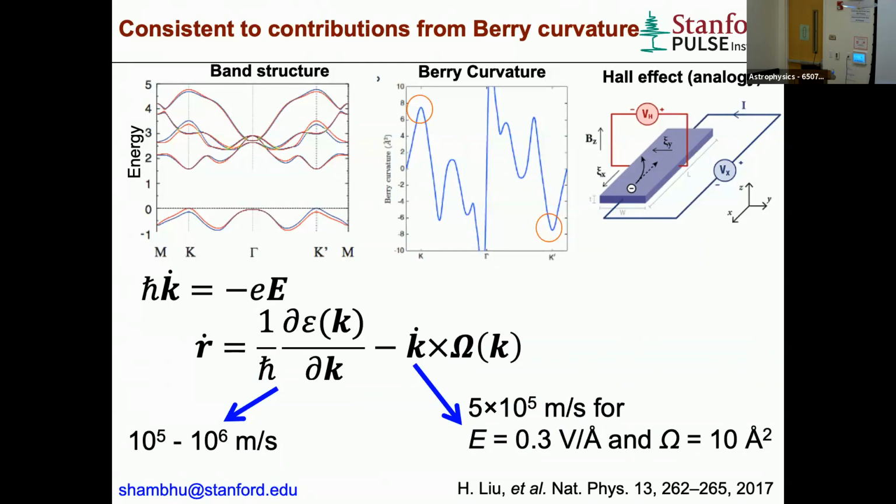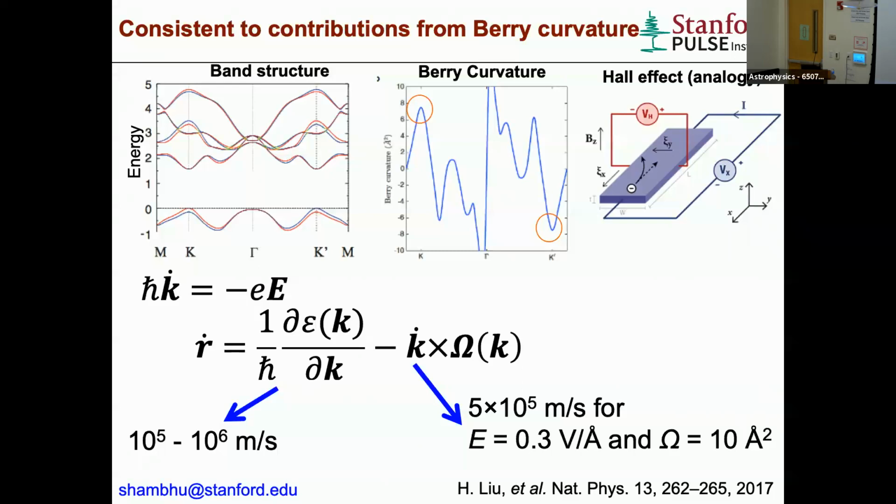Typically, you don't see these terms. You typically neglect this because it is much smaller than the dispersion. But in our case, since the applied field was very strong, this term was actually comparable to the other term.